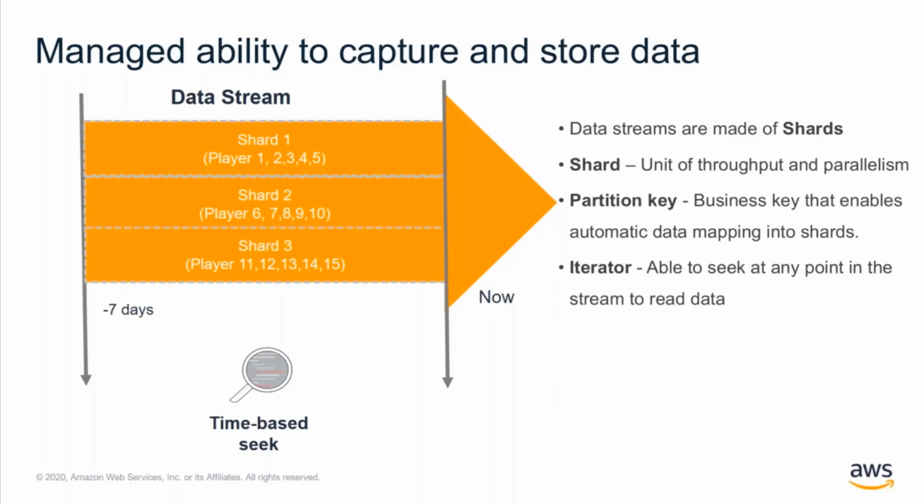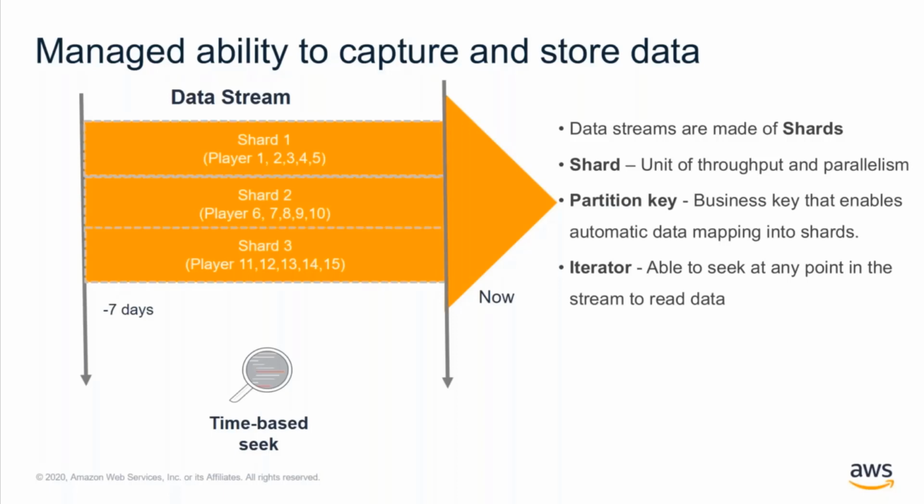Let's take an example to understand this better. Say you're building a multiplayer game, and you want to observe how players are interacting with different aspects of the game and be able to make some real-time decisions. In this case, as you're writing different records across different gaming consoles and gaming servers, you use the player ID as a partition key.